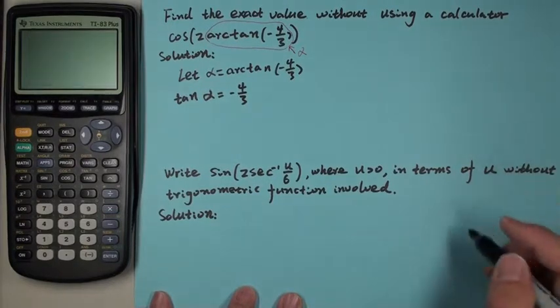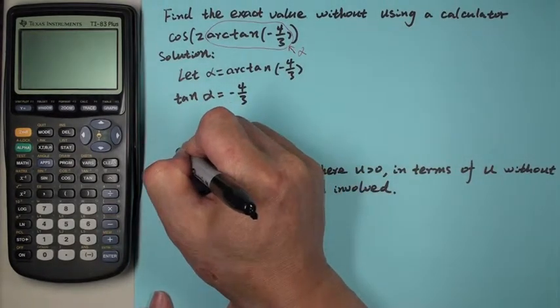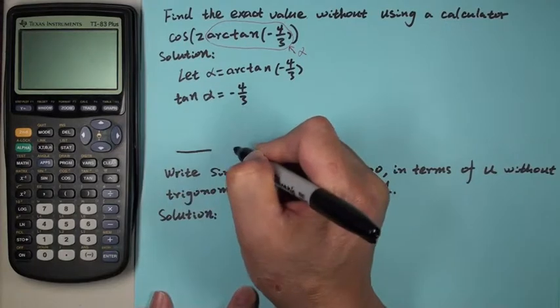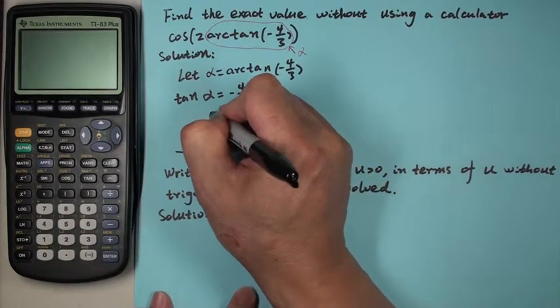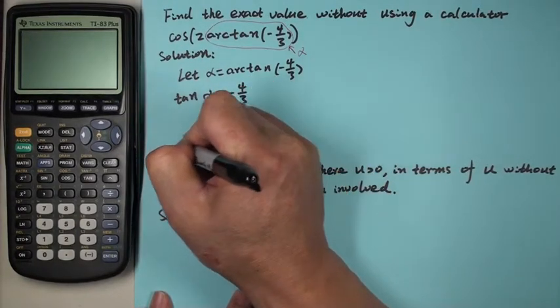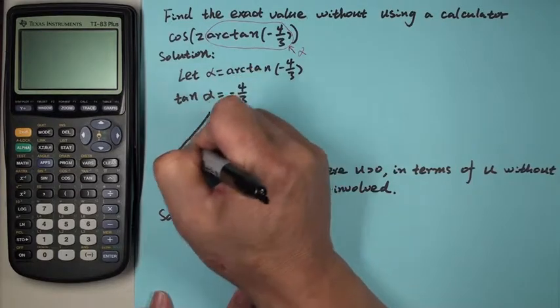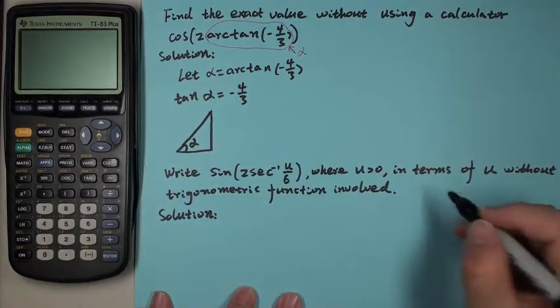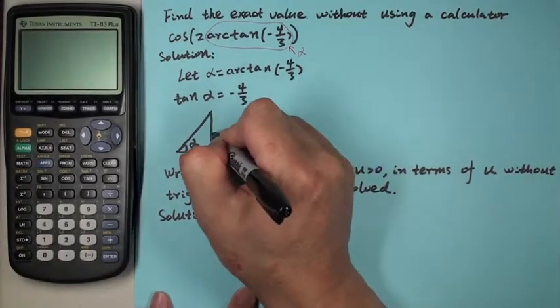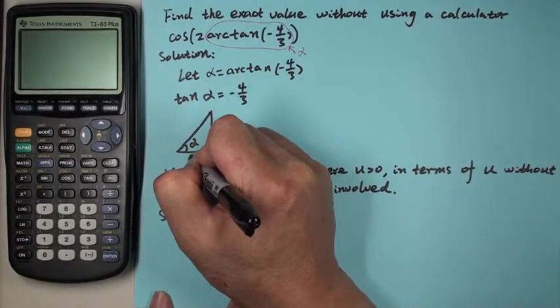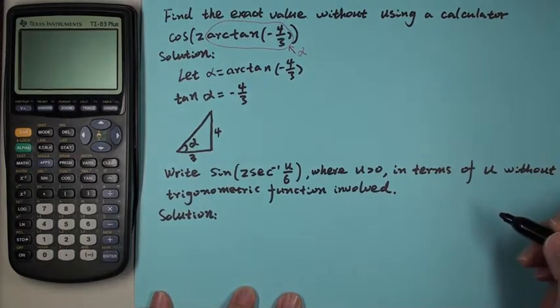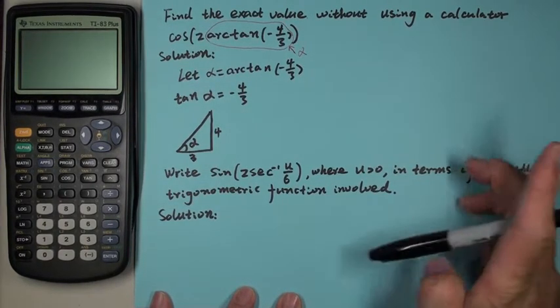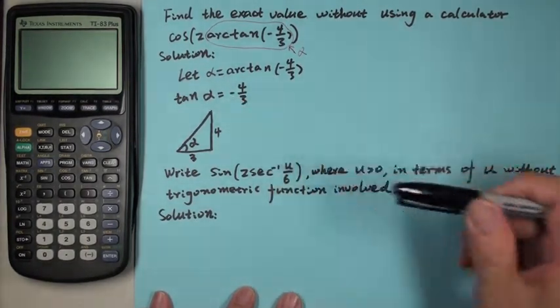Now look, don't forget the picture. This is the technique we often use. 4/3 is tan alpha. Again, we don't consider the sine first.